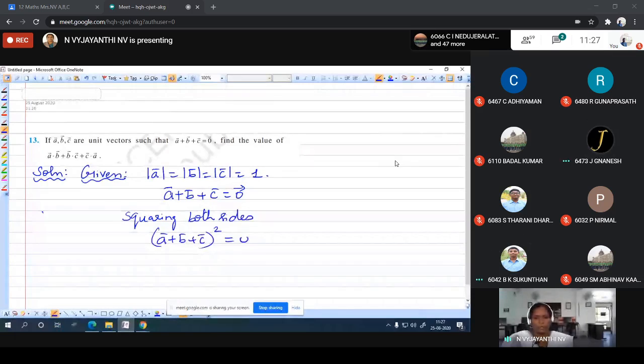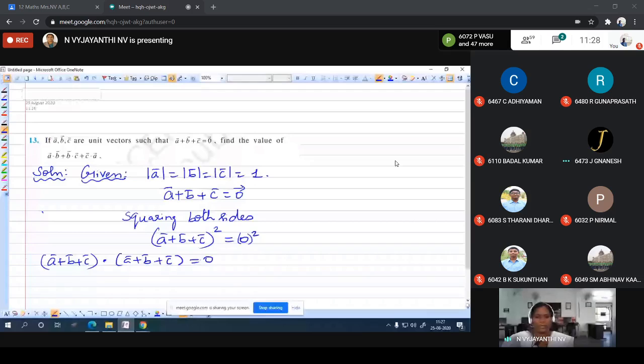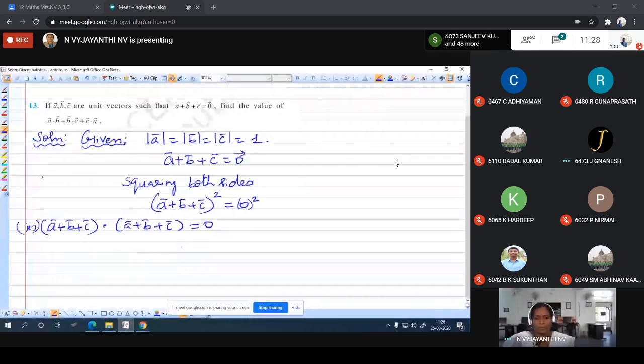This won't be given; you should immediately consider it. A plus B plus C the whole square means A plus B plus C dot A plus B plus C equals 0, but we are now directly taking the formula. What is the A plus B plus C whole square formula?